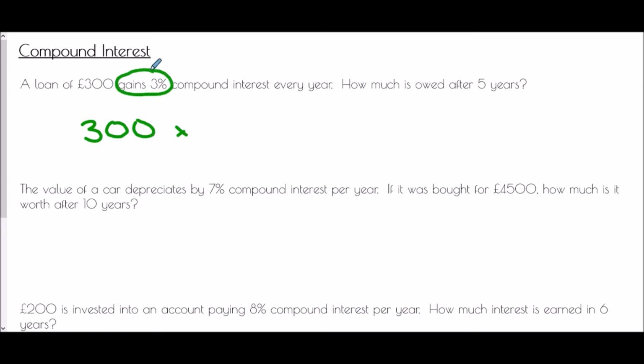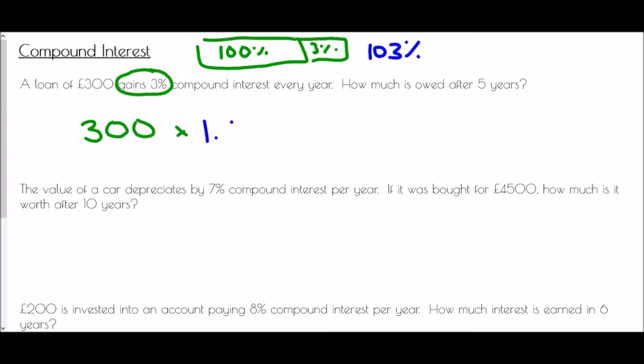So if it gains 3%, we started with 100%, and we've added on an extra 3%, and so now what we're actually dealing with is 103%, and so our multiplier here is 1.03.